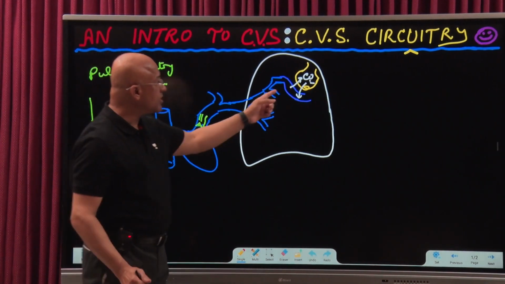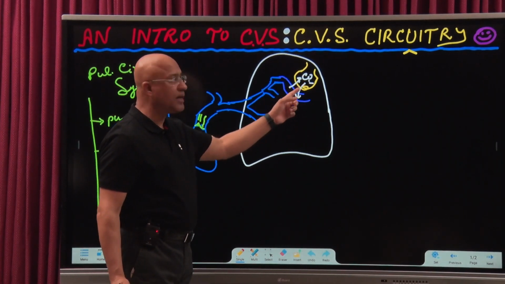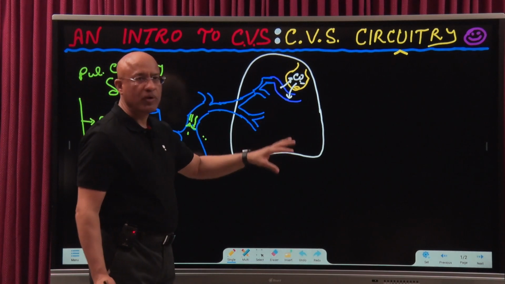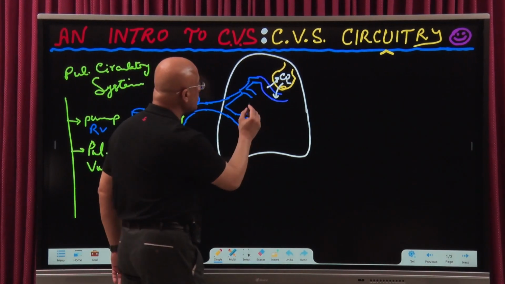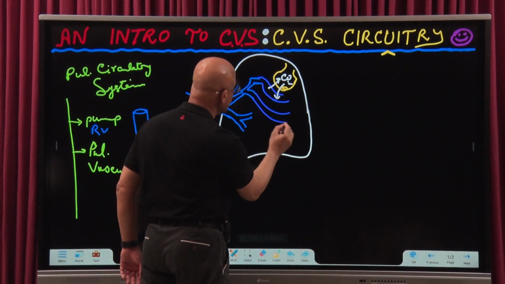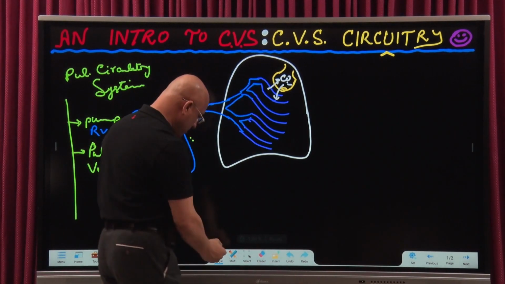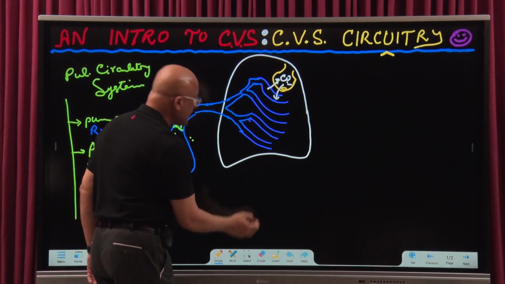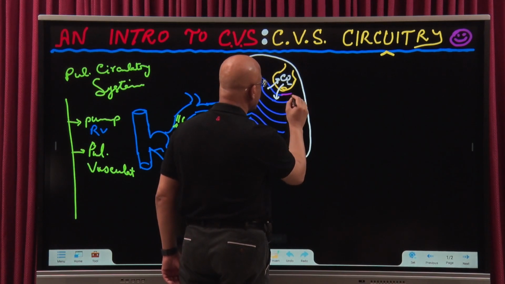So, what is happening? That blood is losing the carbon dioxide and gaining the oxygen, and blood becomes well oxygenated. So, what are these? Yes, pulmonary capillaries. Now, pulmonary capillaries get the blood oxygenated, and then the oxygenated blood, right.